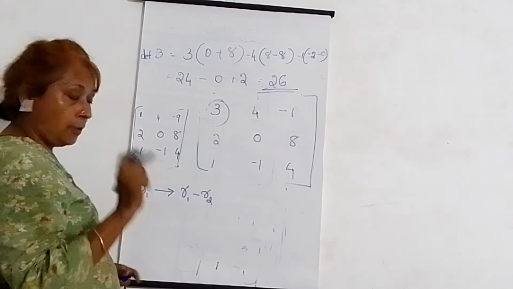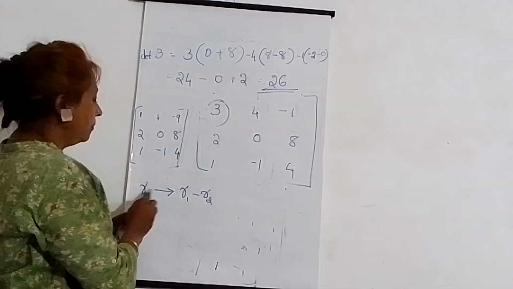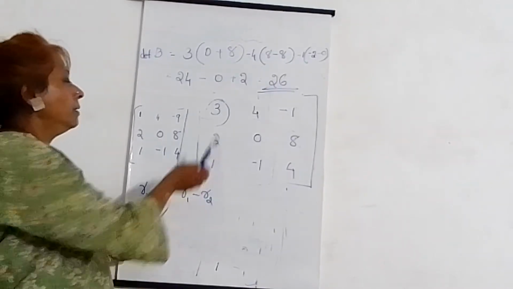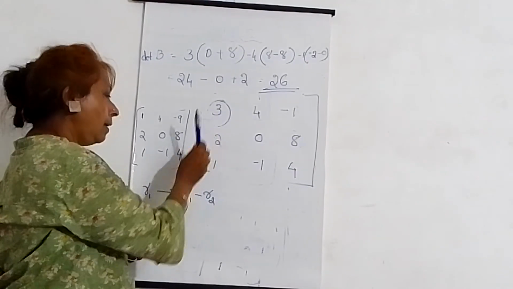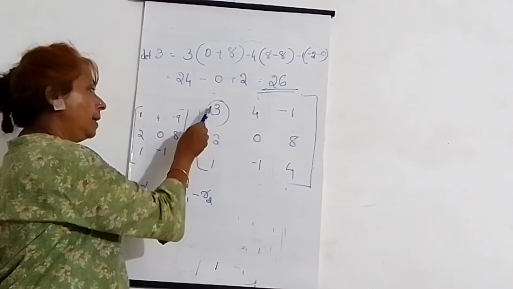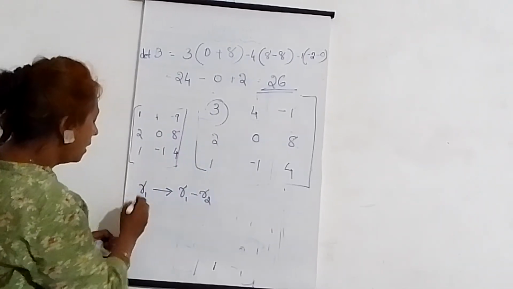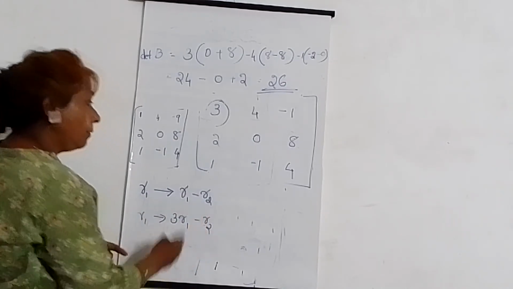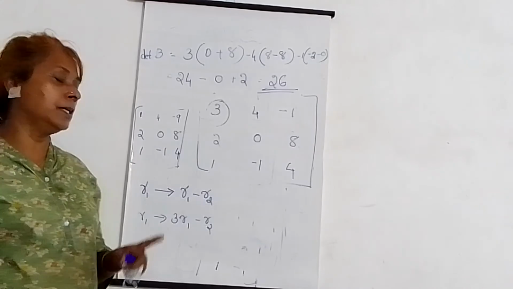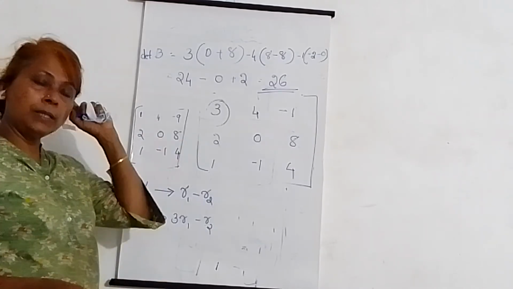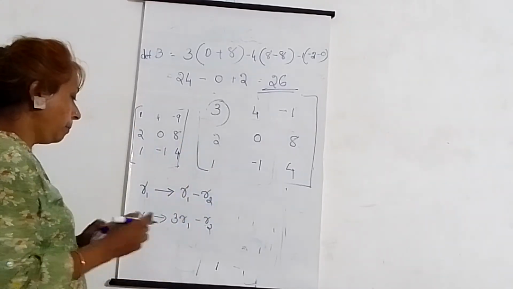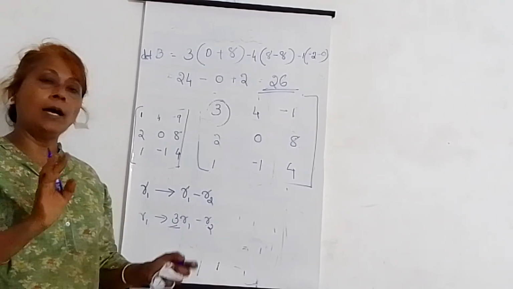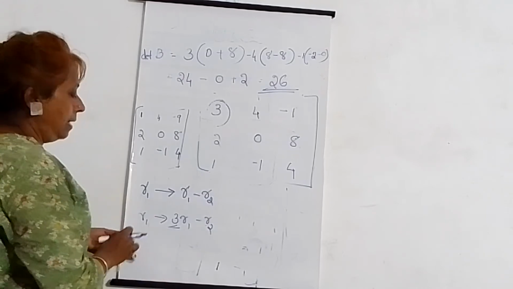But the value does change if we multiply this R1 by a number, for example 3, so it becomes 9, and then we subtract and put the value at R1. R1 changes to 3 R1 minus R2. Then when we find the determinant, we will see that the value of the determinant will be multiplied by this 3 itself. You understand? It means the value will be different. We can't do like that.